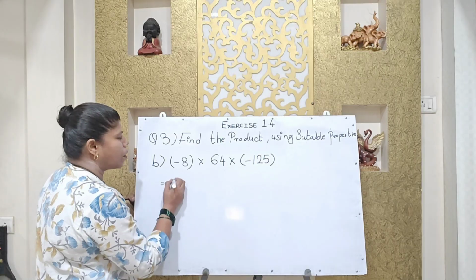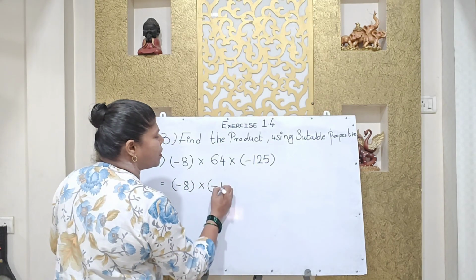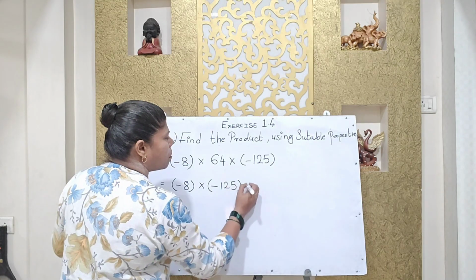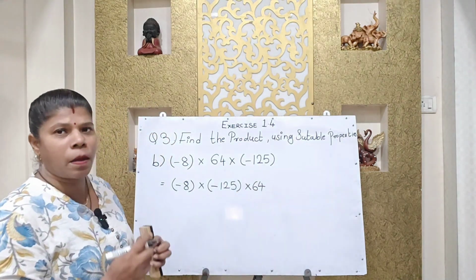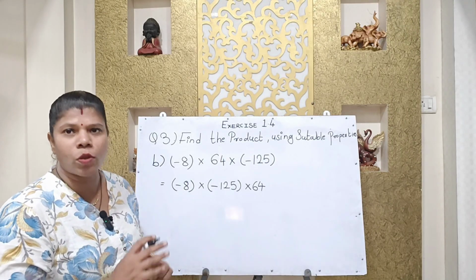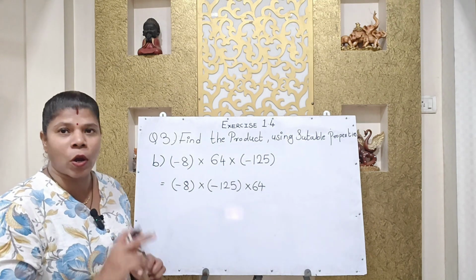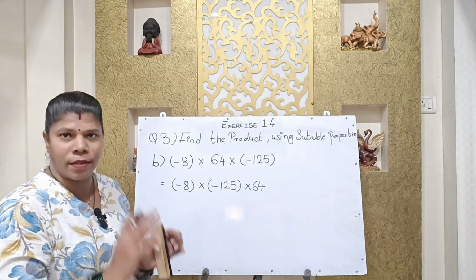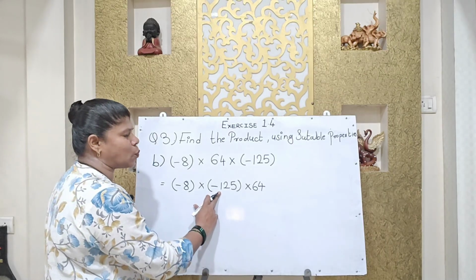So -8 multiplied by -125 multiplied by 64. If we change the sequence of numbers during multiplication, the sum does not change. Only one condition is that you should not forget the sign while you are changing the sequence of the numbers. So here -8 and -125.